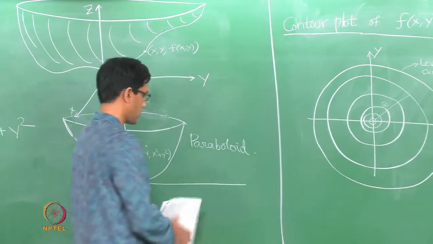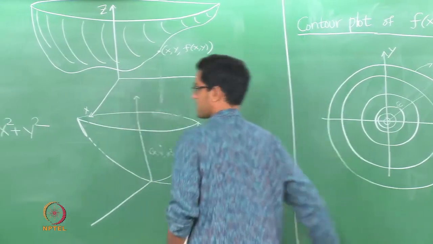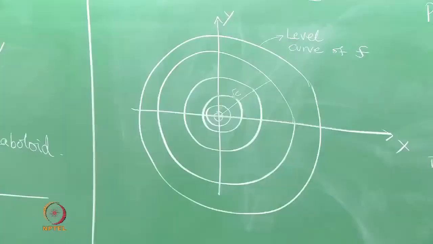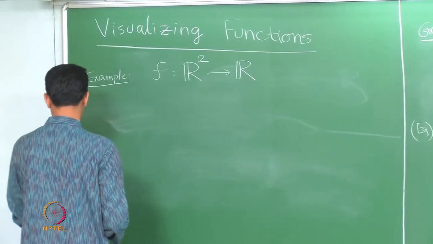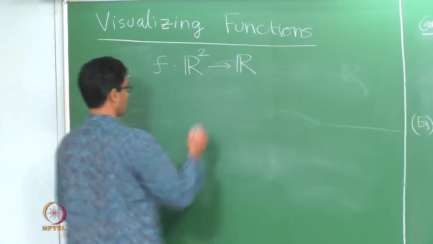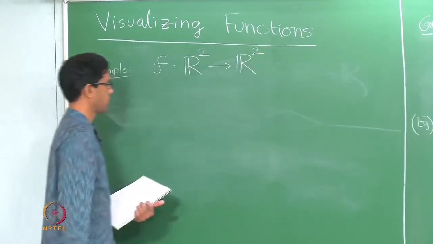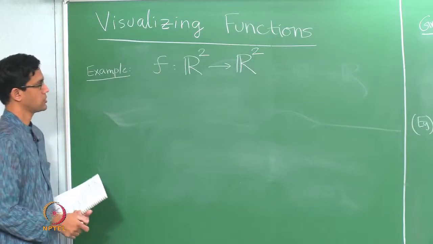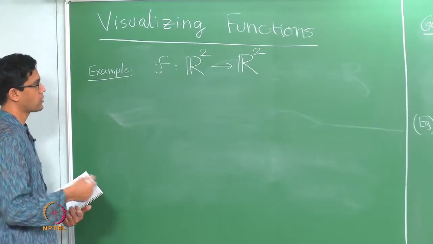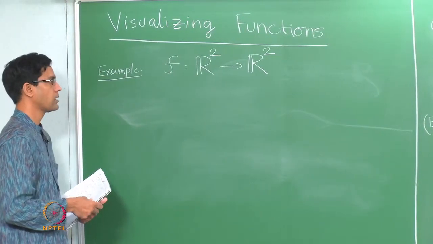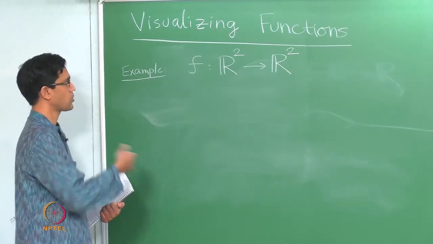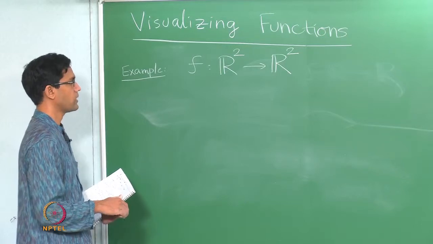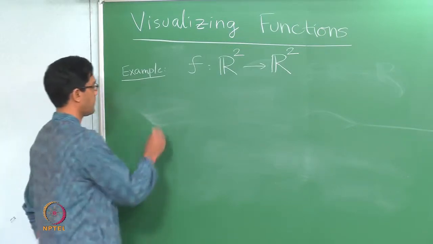Now, the final thing, since I have been playing with R and R2, is this. I have looked at functions from R to R, functions from R2 to R, from R to R2, and then finally I want to slowly get into the case of looking at functions from the plane to the plane.